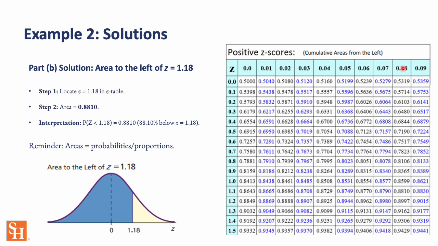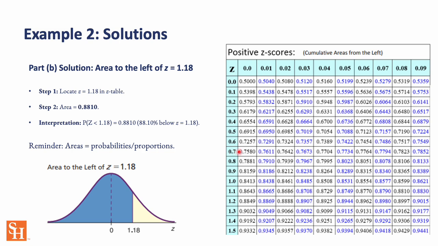So here we have 0.08 and here we have 1.1, right? So this value would be the area to the left side of 1.18. Suppose we need to find the area to the left side of Z value 0.76. What we have to do is look for where it is 0.7.